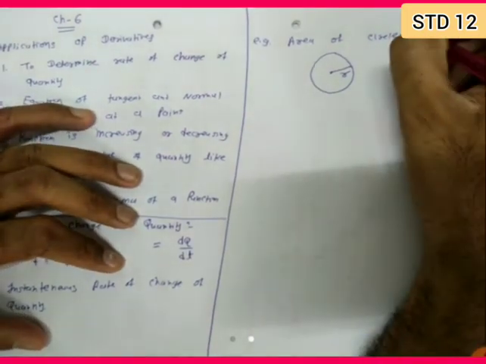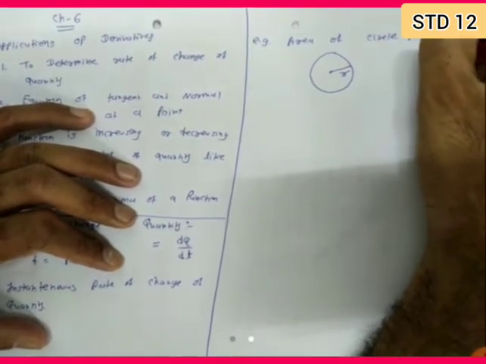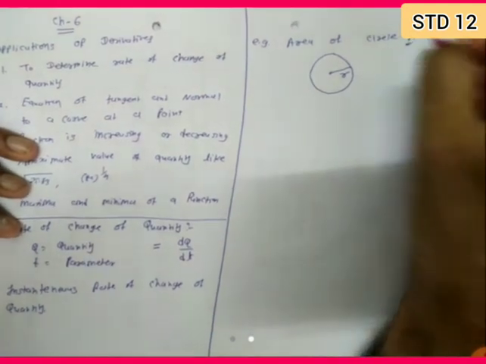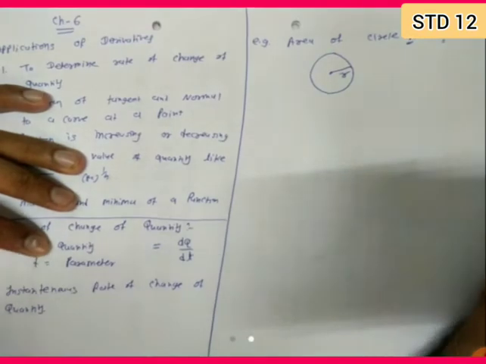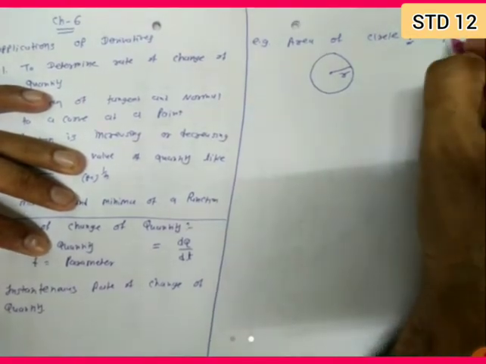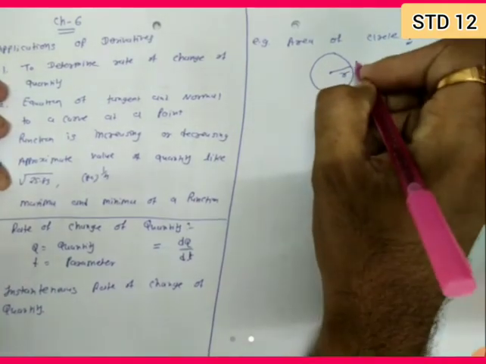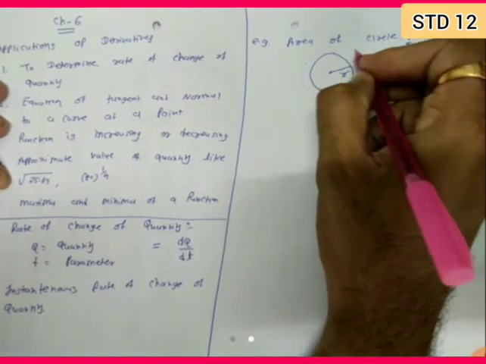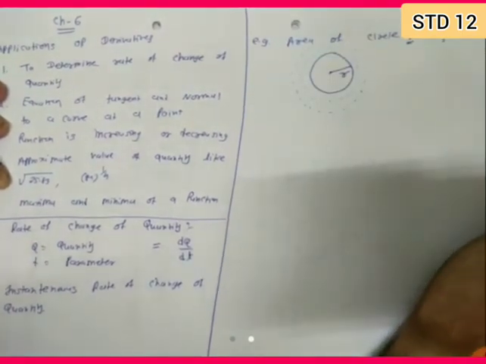Suppose the area of the circle is A, and that is represented by pi r square. So here we can say that quantity A, which is the area of the circle, changes with parameter r. If we change the radius, we will get another circle, so the area of that circle will be different. So here area changes with the parameter r.